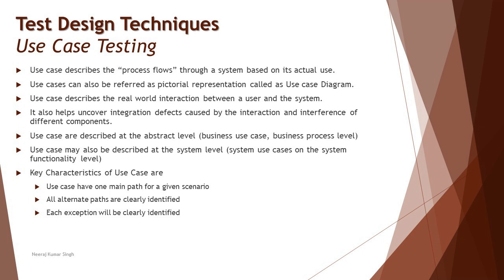Now, what more can make a better difference? A use case basically describes the real-time interaction between the user and the system. That means how exactly, in reality, a user will interact with a particular system will be described here step by step.